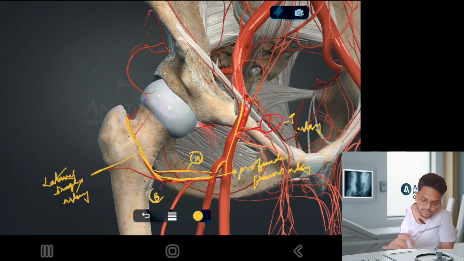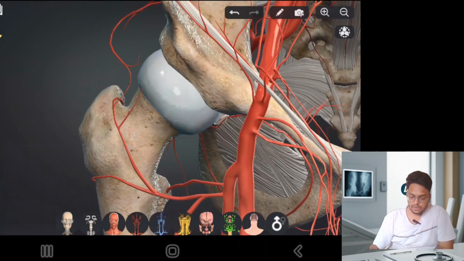Let me show you once. The medial side, this one is the medial circumflex artery. So there are two arteries coming from our profunda femoris artery, that is the lateral circumflex and the medial circumflex.